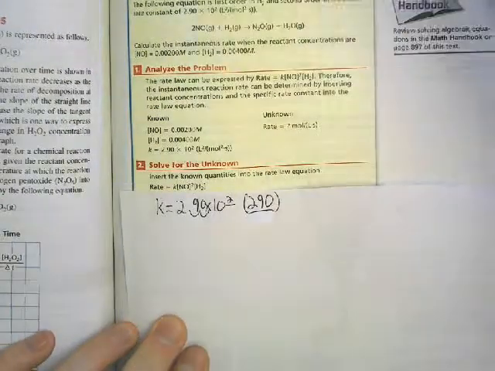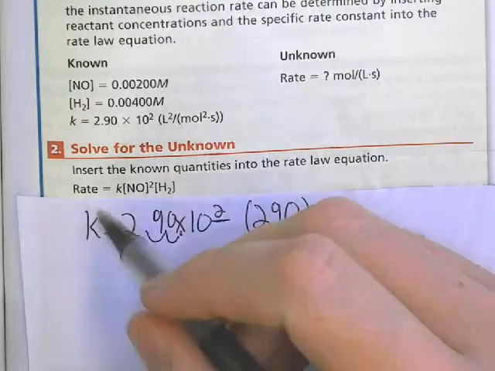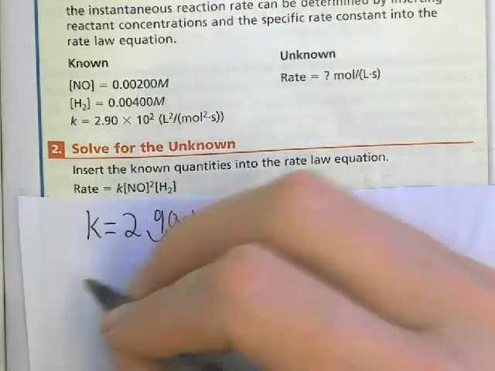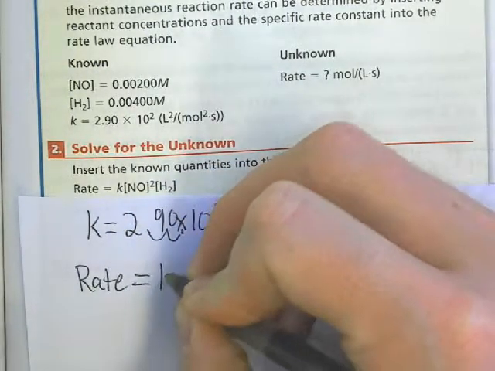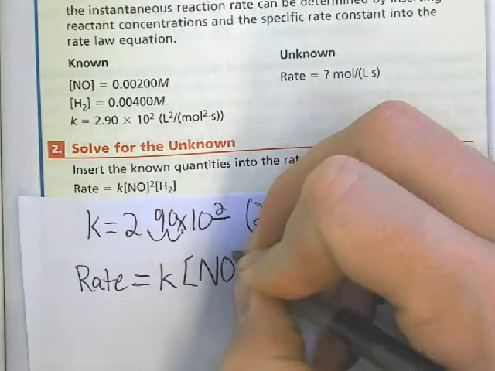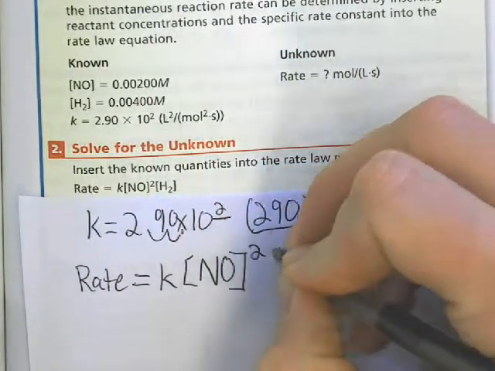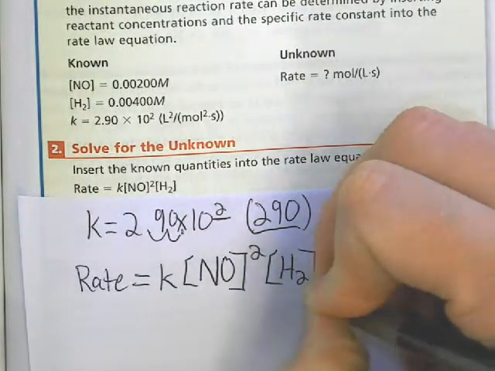Alright. The next thing I want to point out is going to be our rate law. So if you notice, right above where I have this sheet of paper, this is our rate law. So go ahead and write that down. Put rate equals K times the concentration of NO, and there's squared, times the concentration of H2.